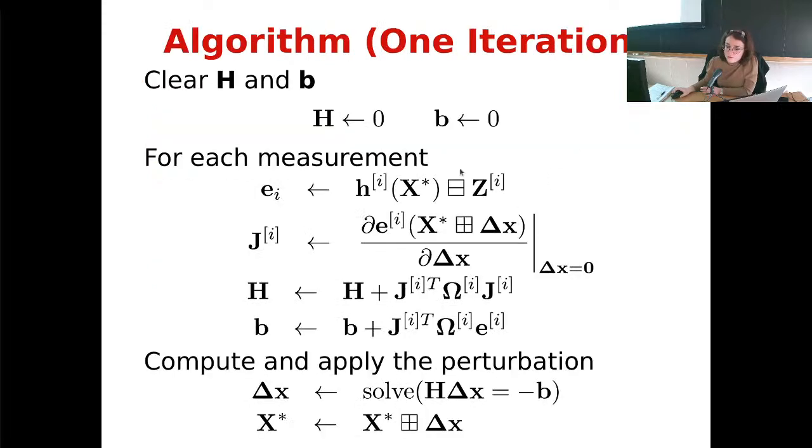Because, as you can see from the previous slide, when the measurement space is an element of a manifold, then the error function is computed using the box minus operator, which, again, recall, means measuring the distance on the chart between the projection on the chart of Zi and the projection on the chart of Hi of x. In particular, the chart is computed around the first operand of this box minus operator.